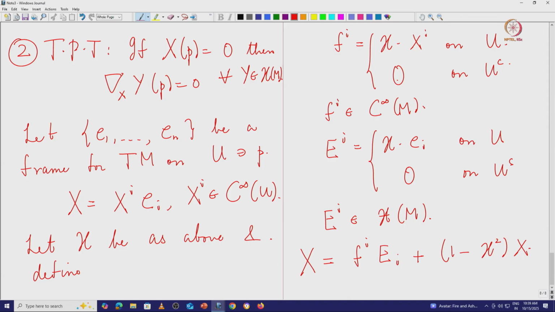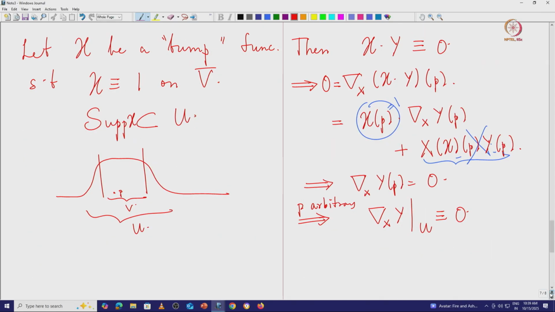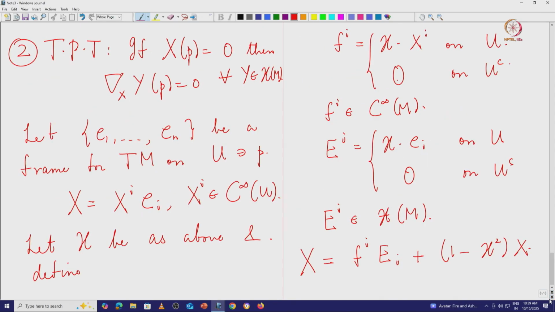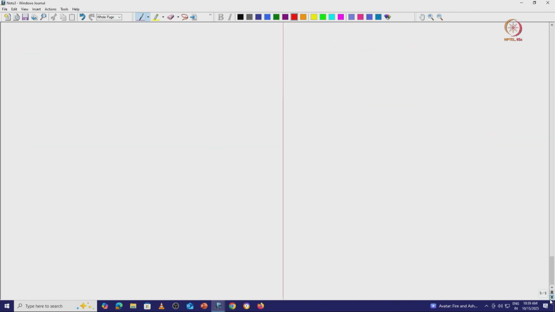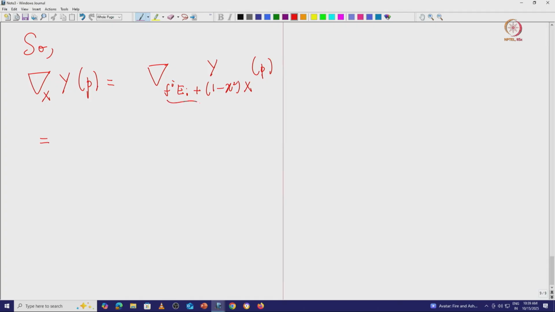All right. So now I differentiate with respect to this. So this implies that if you differentiate y with respect to x, that's just going to be this derivative, but then it's C infinity linear in this entry. So this will just be f^i.